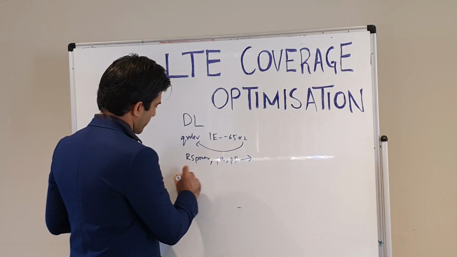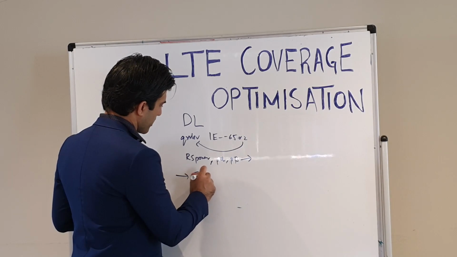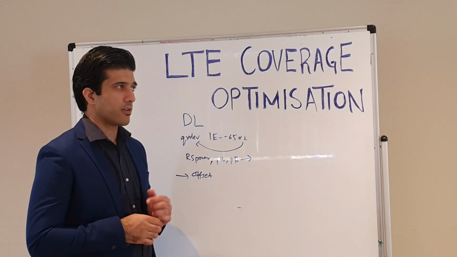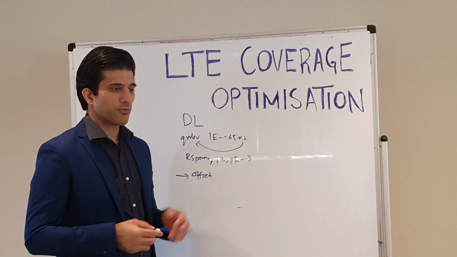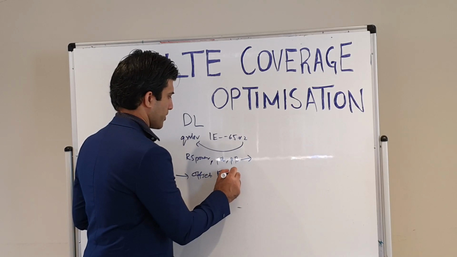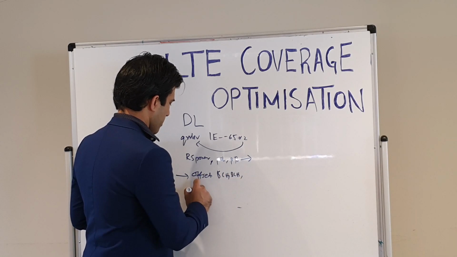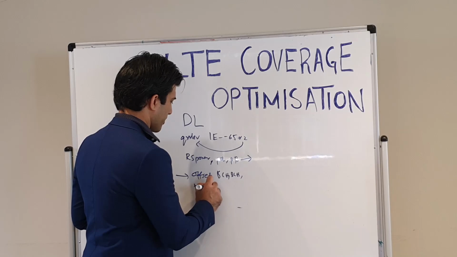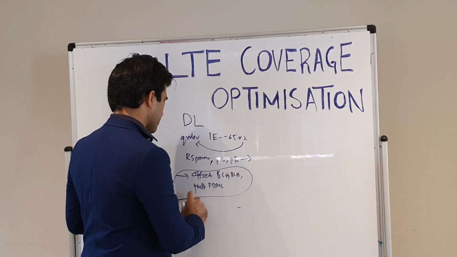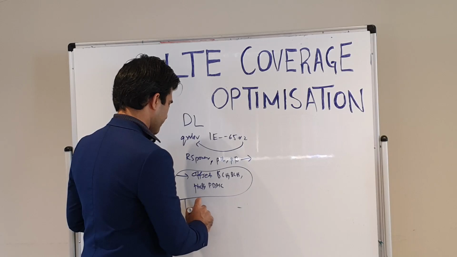Then we have our offsets, and these offsets usually are not set directly through parameters. Some of them for SCH, then for PBCH, then we have PB offsets for the downlink shared channel, and all of them are related to your power control as well.